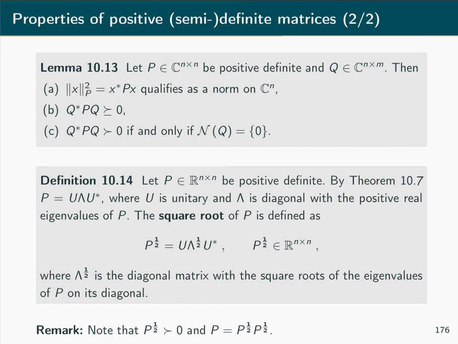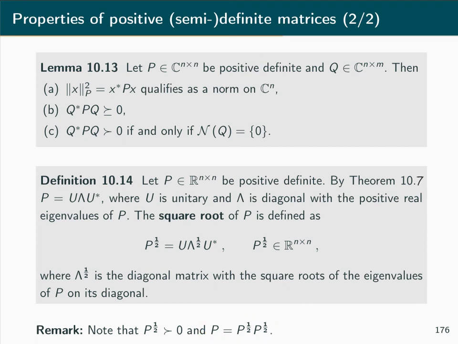Another nice thing about positive semi-definite matrices is that one can easily compute the square root of them. In fact, the square root of a matrix can be defined as shown in the equation at the bottom of the slide.